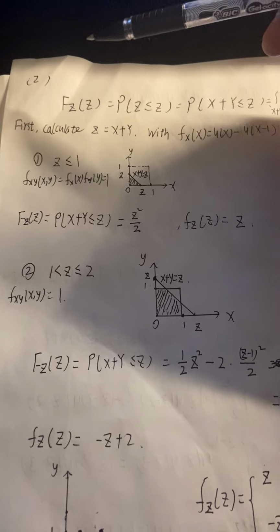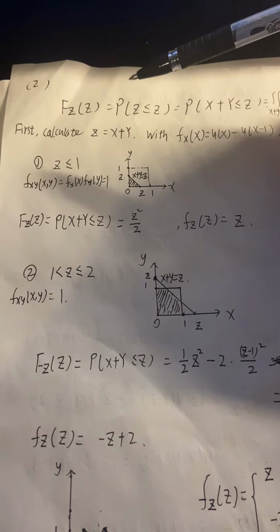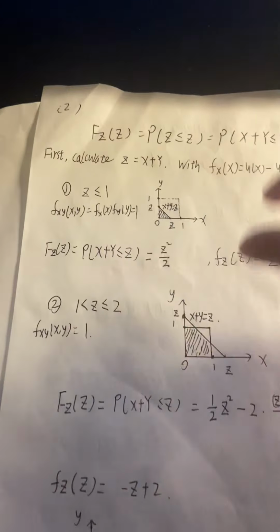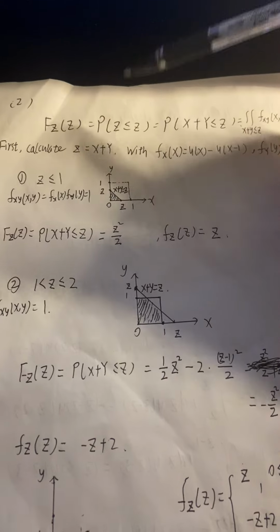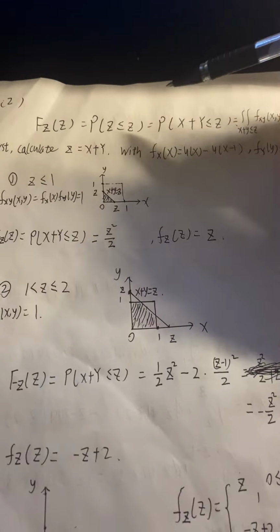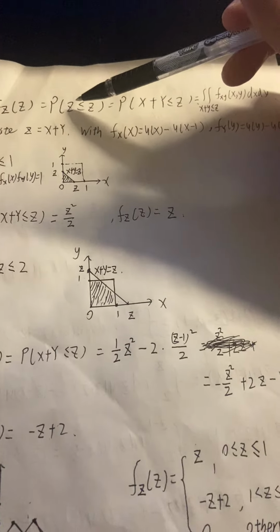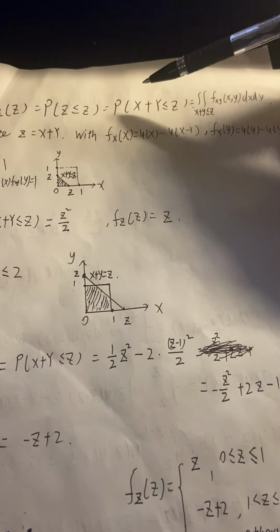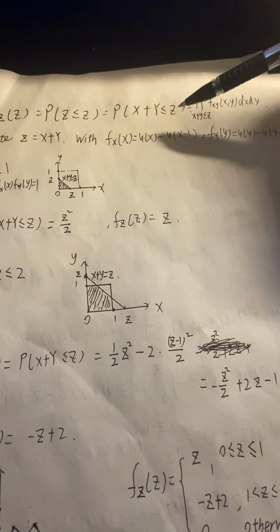For the second question, we need to use a geometric method to find the density function of Z. First, we can find the distribution function of Z. The distribution function of Z is the probability that Z is less than or equal to z, and Z is equal to X plus Y. So it will be the probability that X plus Y is less than or equal to z.